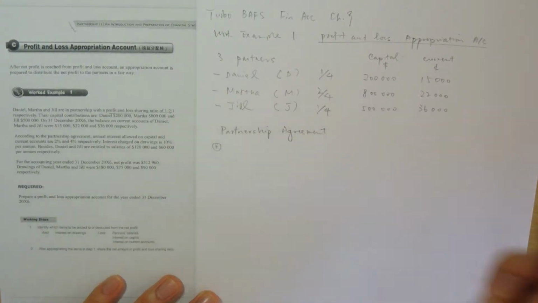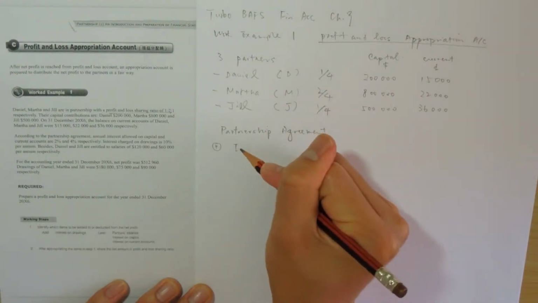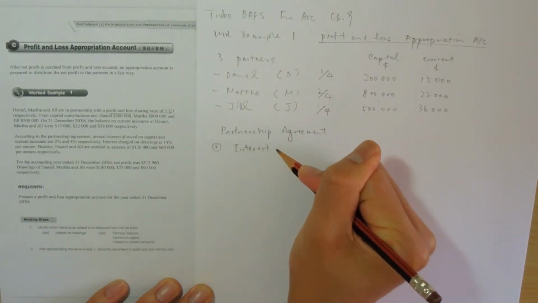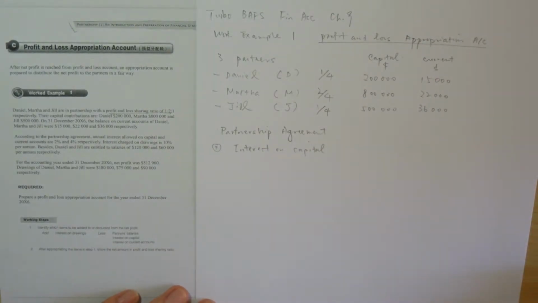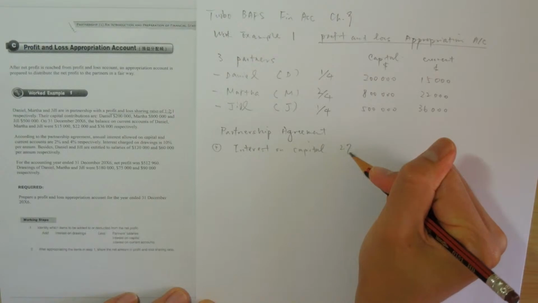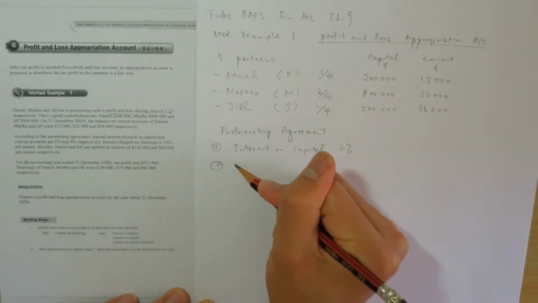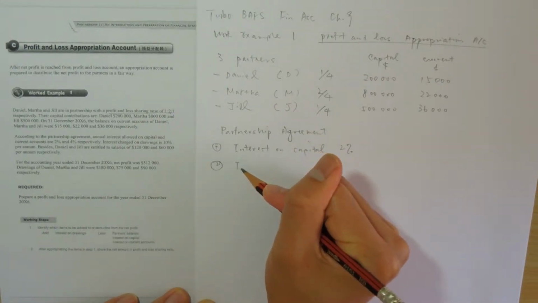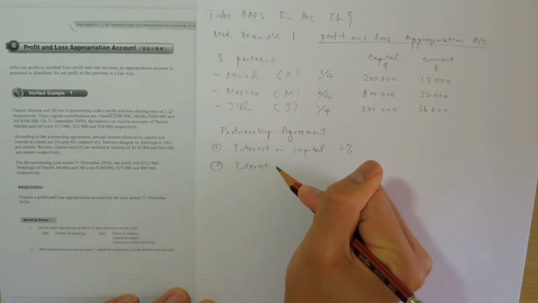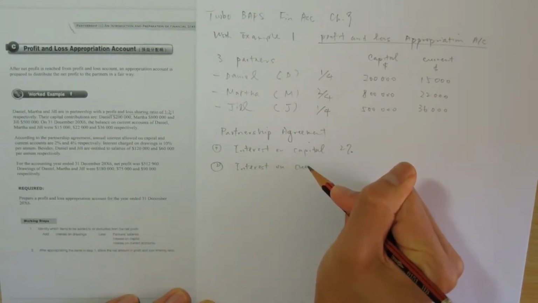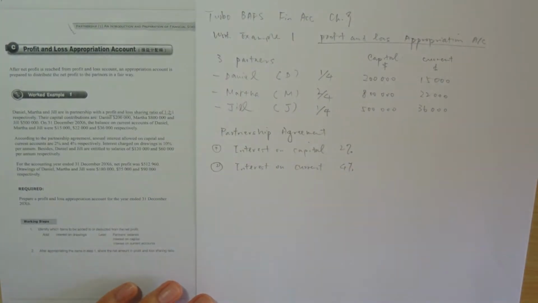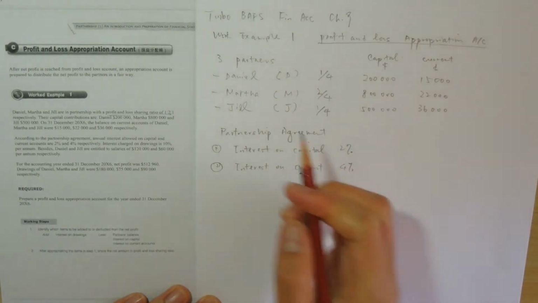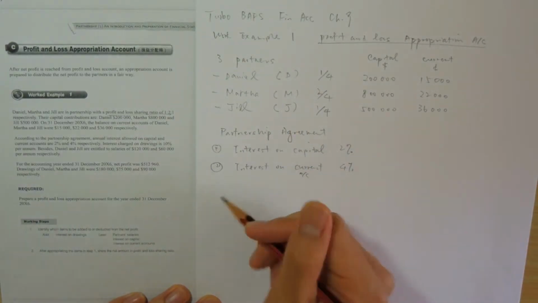The first one, interest on capital, is 2%, and the second, you have the interest on current account. This is 4%, and then you have the salaries.